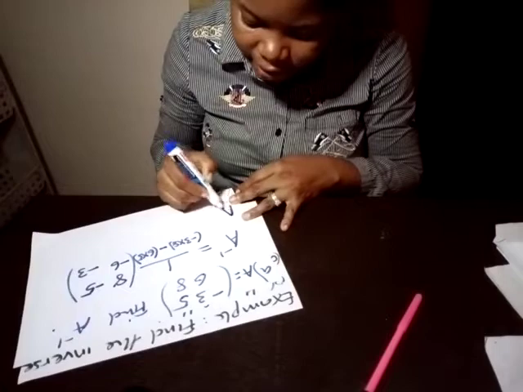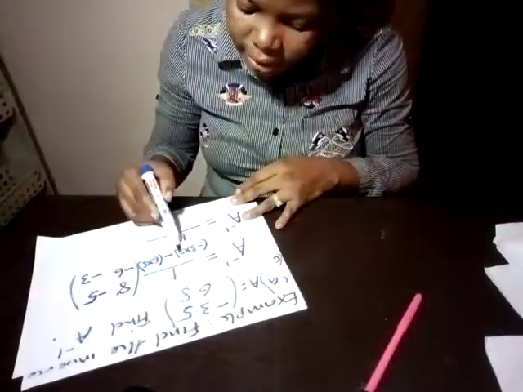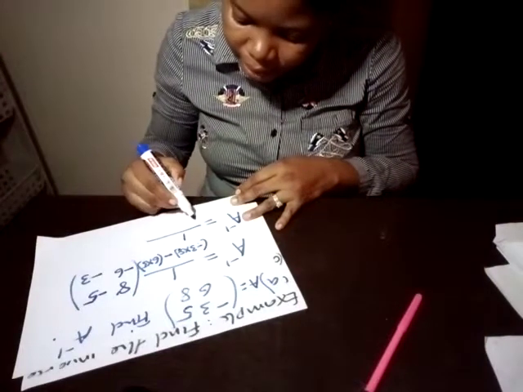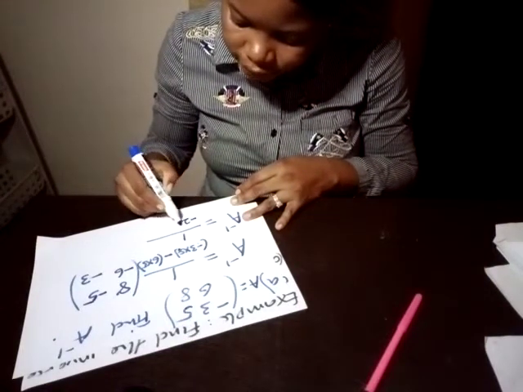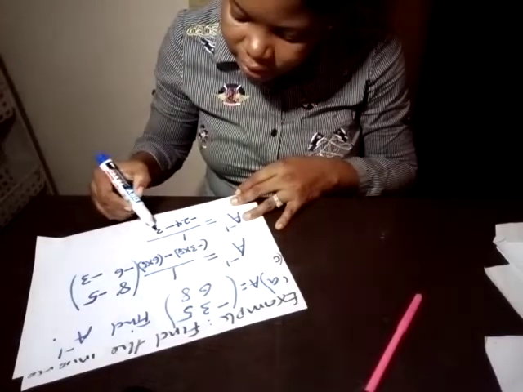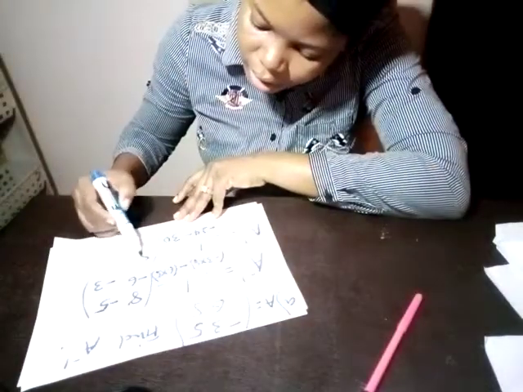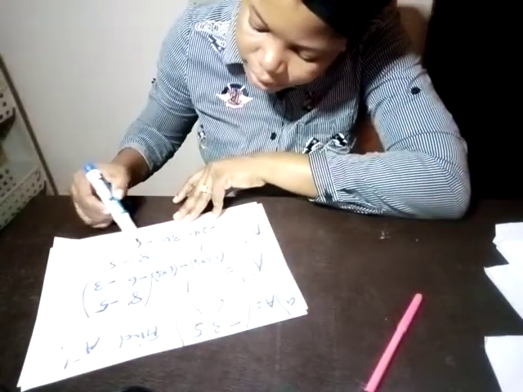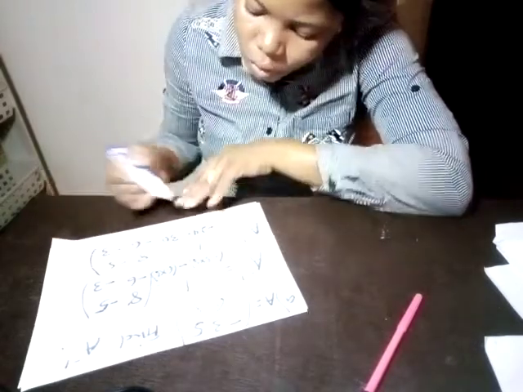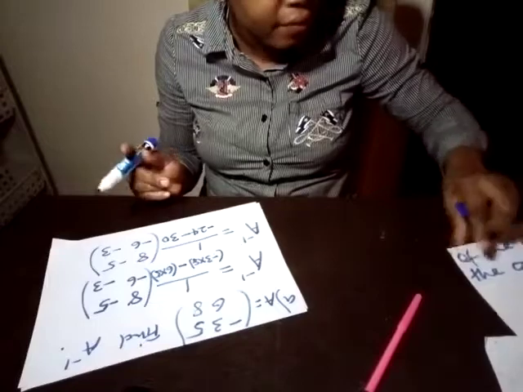So my A inverse now is going to be 1 all over minus 3 times 8, that will give me minus 24, minus 6 times 5 will give me 30, that's minus 30, all over the matrix 8, minus 5, minus 6, minus 3. So what I need to do is just to add this to get my final answer.